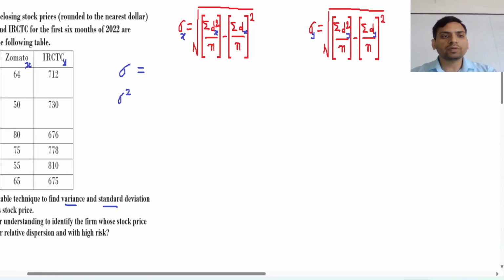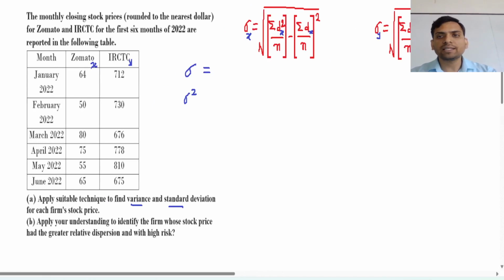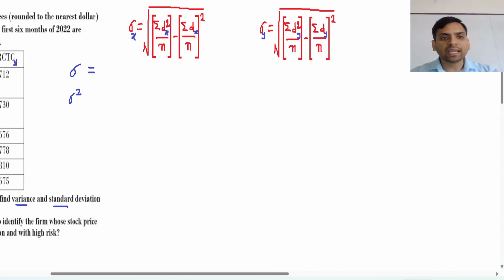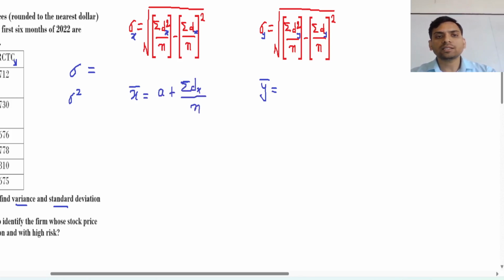So we will prepare two columns, first for Zomato and second for IRCTC. For the second part you also need X bar and Y bar. X bar equals A plus summation dx upon n for the first data set, and for the second, B is assumed for the Y series, Y bar equals B plus summation dy upon n.